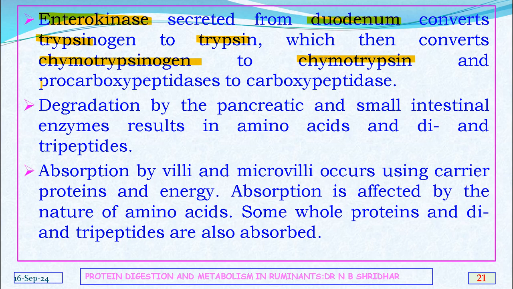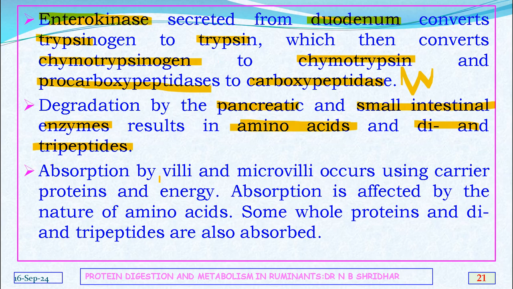Then procarboxypeptidases are converted to carboxypeptidases. So this is a cascade of events. Degradation by pancreatic and small intestinal enzymes results in amino acids, which are the building blocks of peptides, and di and tripeptides are always formed. So this is how proteins are digested in the body.